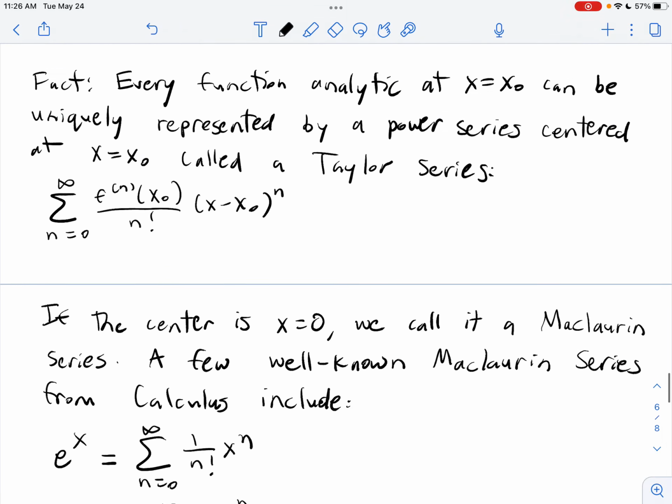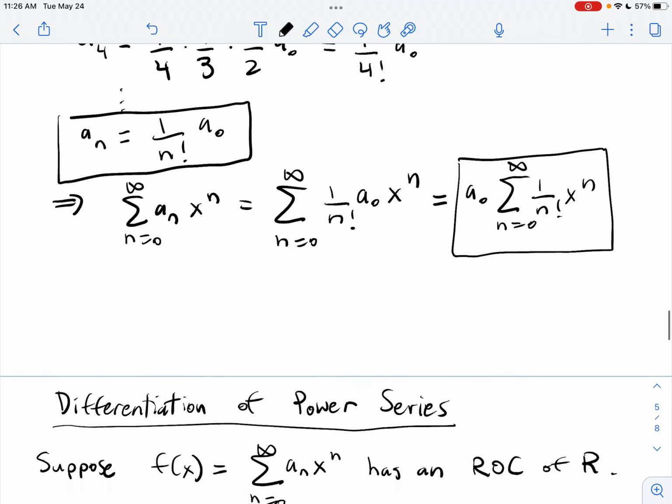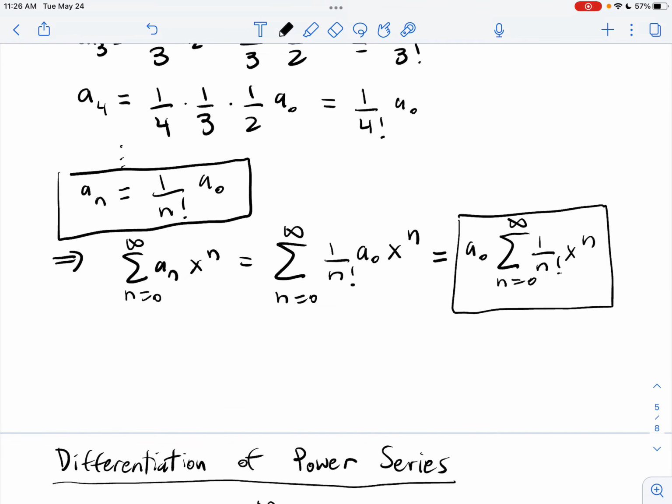But something to note here from this example that we got up here, this means that the series that we were talking about is actually a naught e to the x, isn't it? Because this guy is exactly the Taylor series for e to the x. So that's pretty interesting.